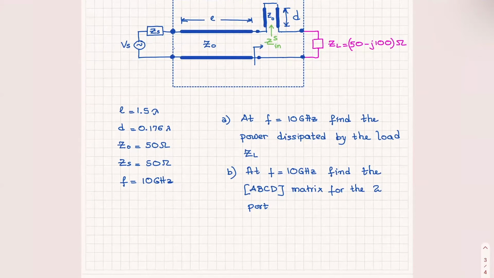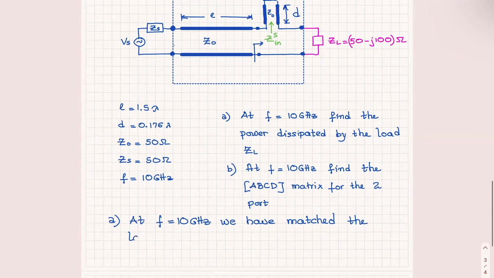Okay, let's think about part A. At 10 gigahertz, we have matched the load to the line, to the 50 ohm line.